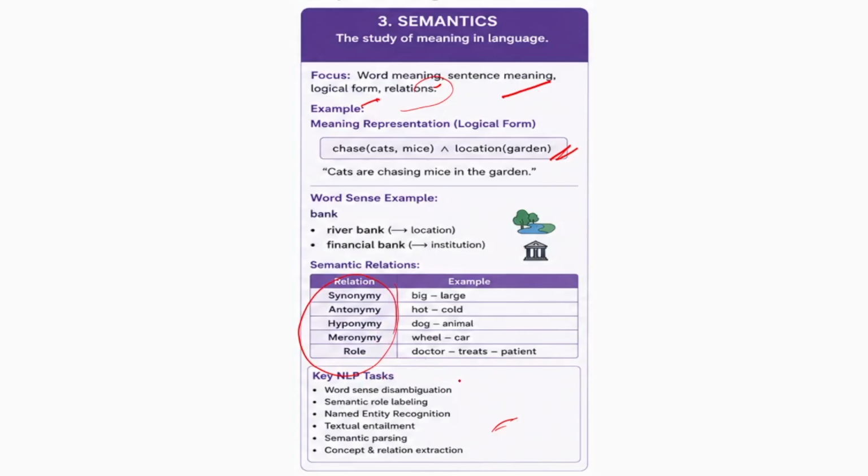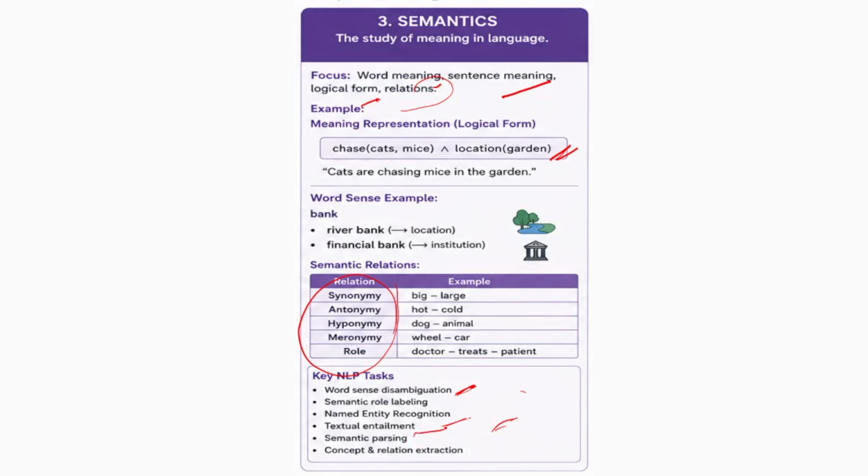Common NLP tasks that use semantics are word sense disambiguation, role labeling, and named entity recognition. Word sense disambiguation, for example, bank. Bank can mean two things: one, the river bank, and the other one is the normal financial bank. Named entity recognition, in the sense the person Mr. Ram, so that Mr. Ram represents a person, and the location Delhi.